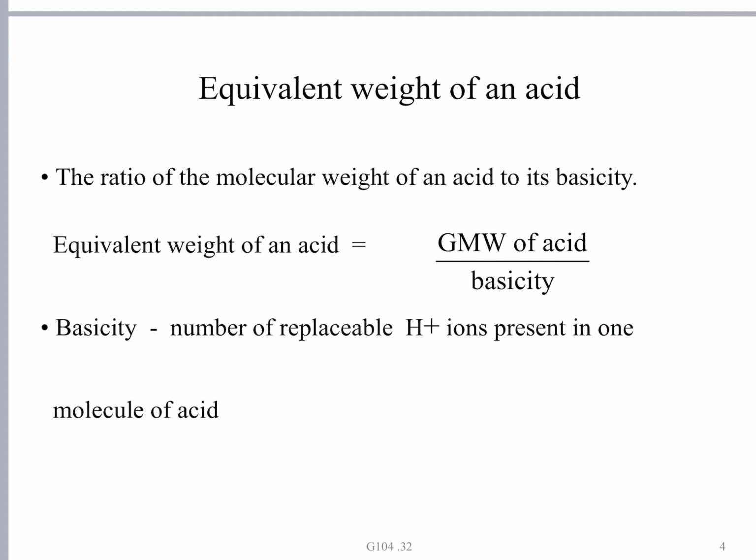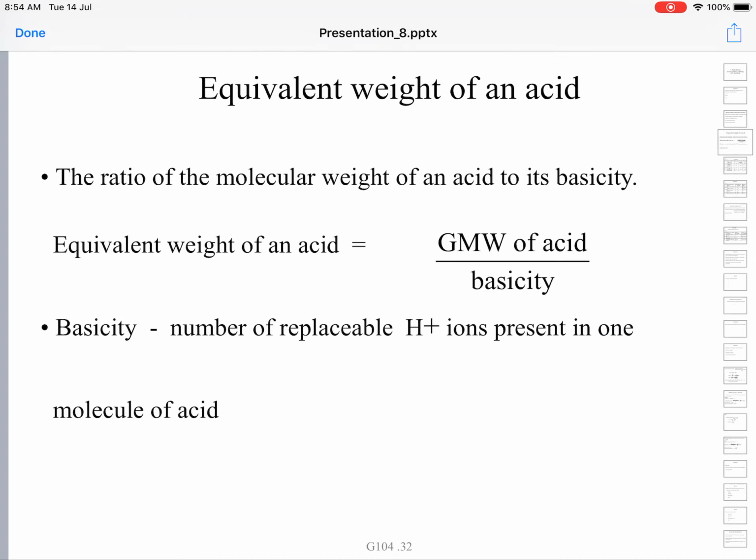For example, take formic acid, HCOOH. In the formula you have 2 hydrogen atoms, but HCOOH ionizes as HCOO minus plus H plus. It gives only 1 hydrogen ion. It really ionizes into only an H plus ion and a formate ion.